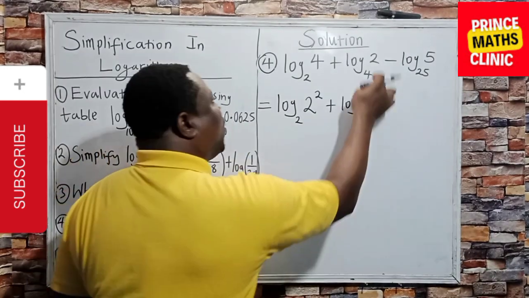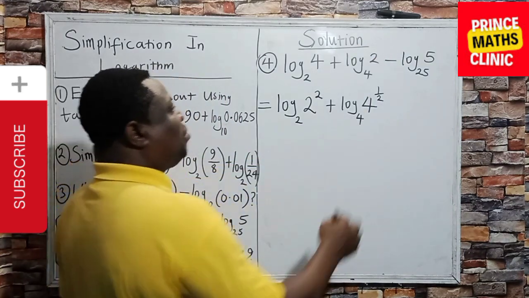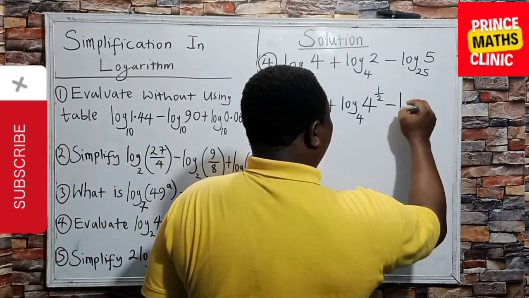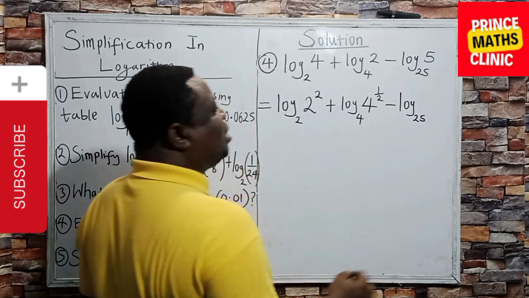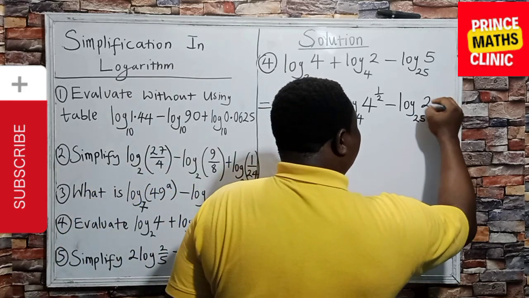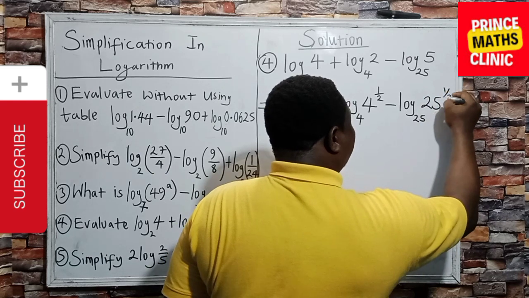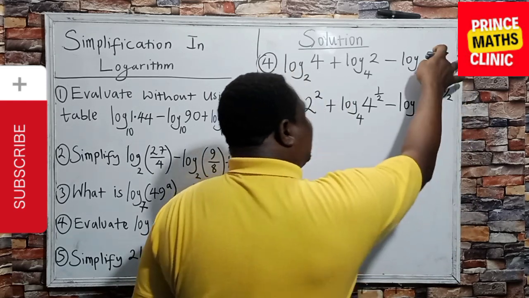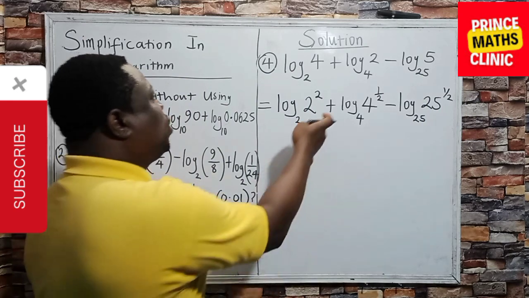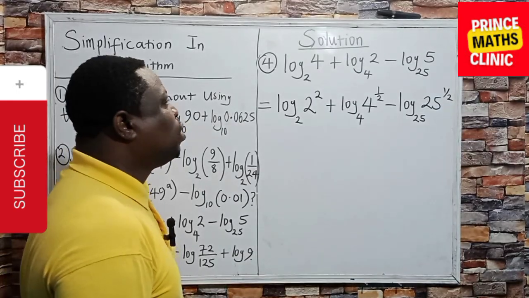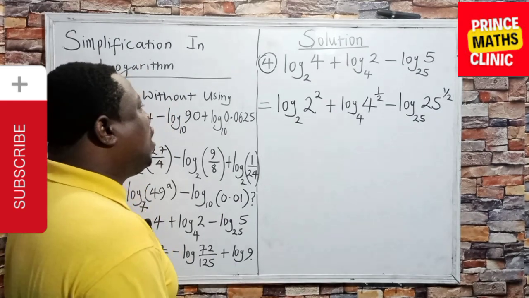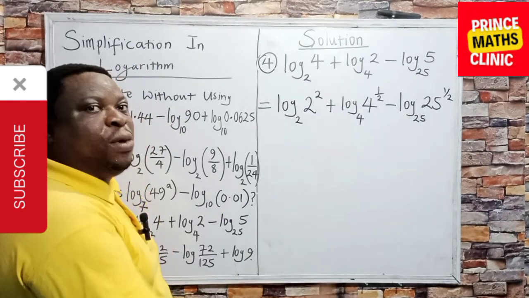So square root of 4 is still 2. Good. Then minus, then I will leave the base here still at 25, right? So if I say 25 to the power of half again, square root of 25 is 5. So the two statements are the same. Then I can now use the rule that says that when a log carries a power, the power multiplies the log.